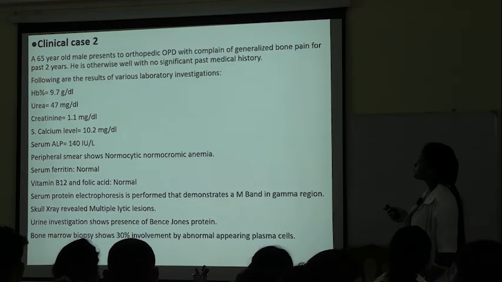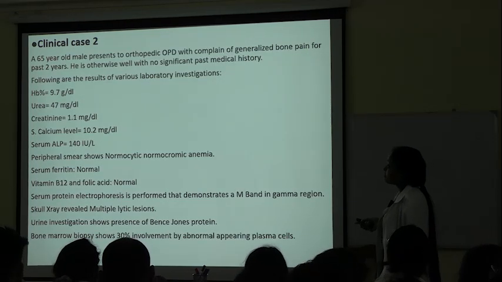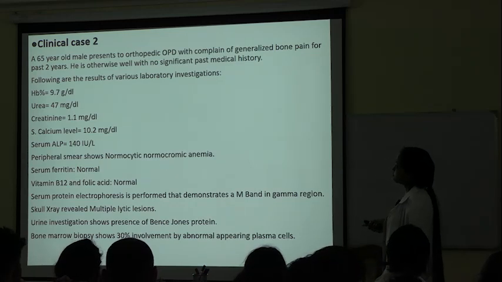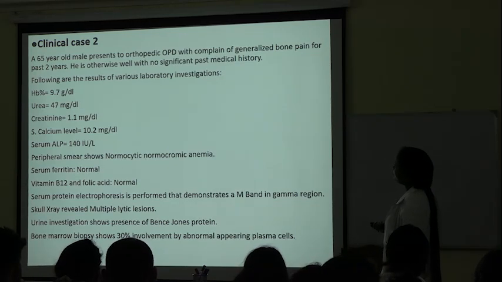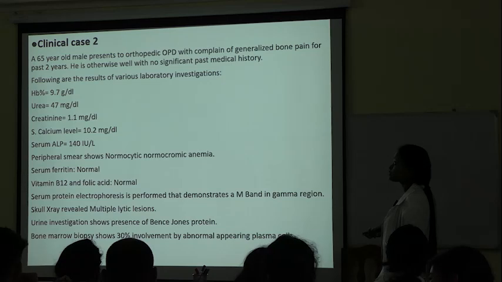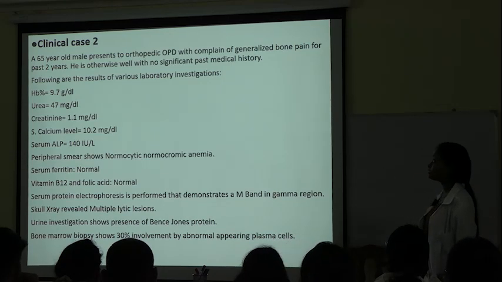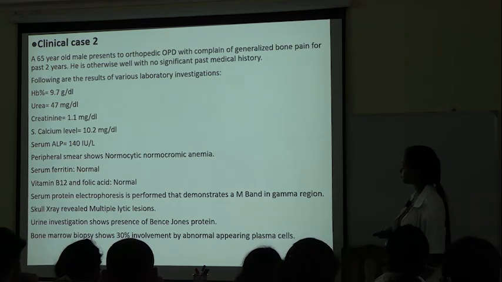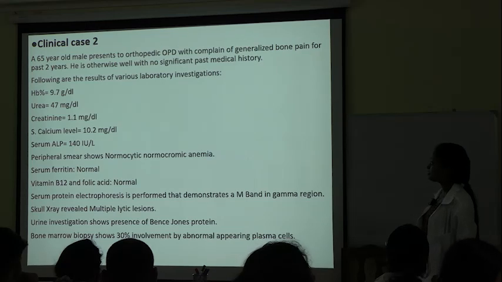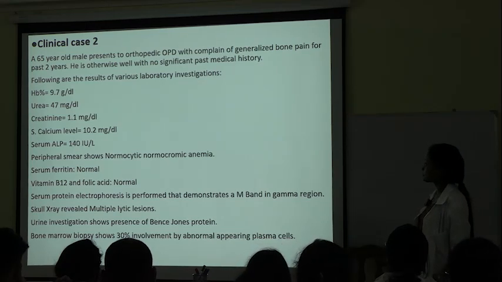And this is another clinical case. A 65-year-old male presented to orthopedic OPD with complaint of generalized bone pain for past 2 years. He is otherwise well with no significant past medical history. Following are the results of various laboratory investigations.